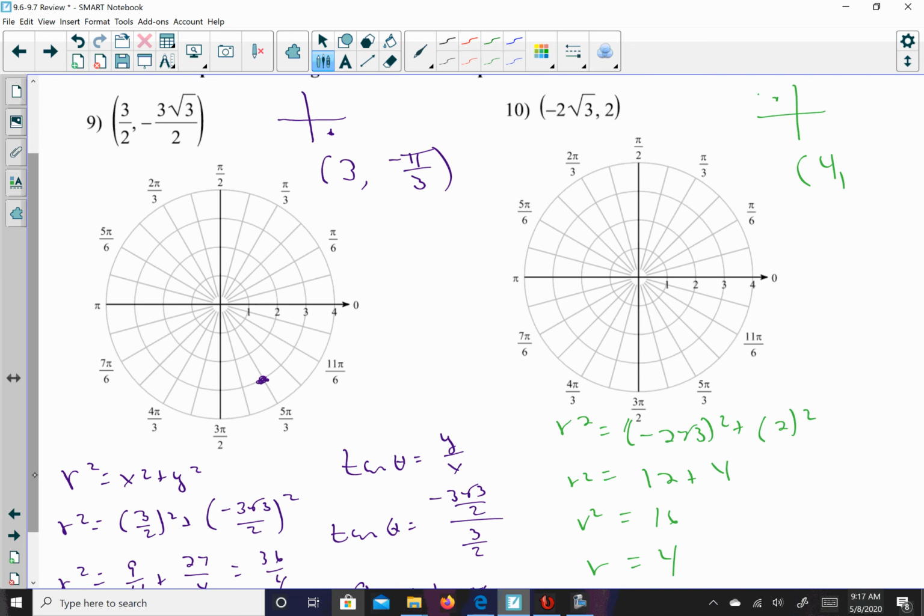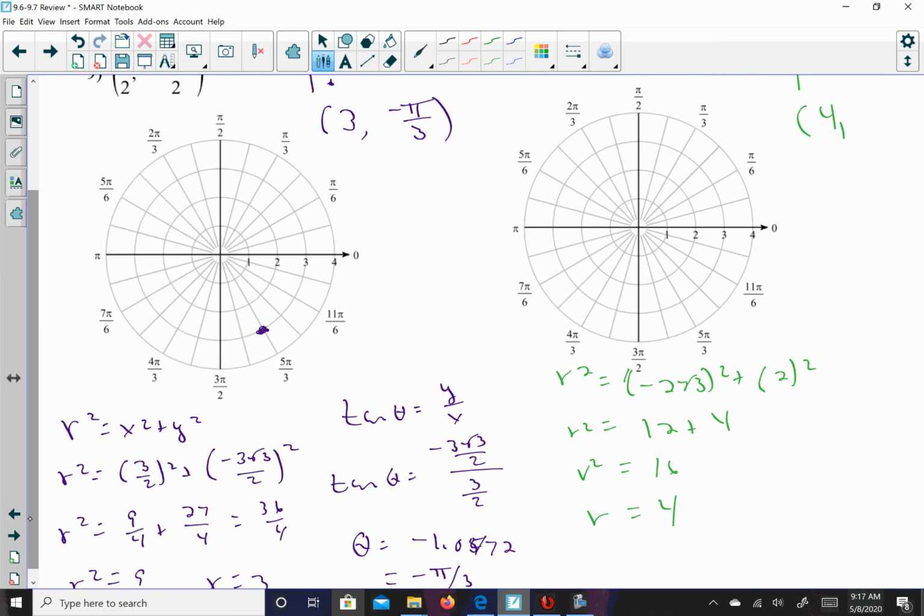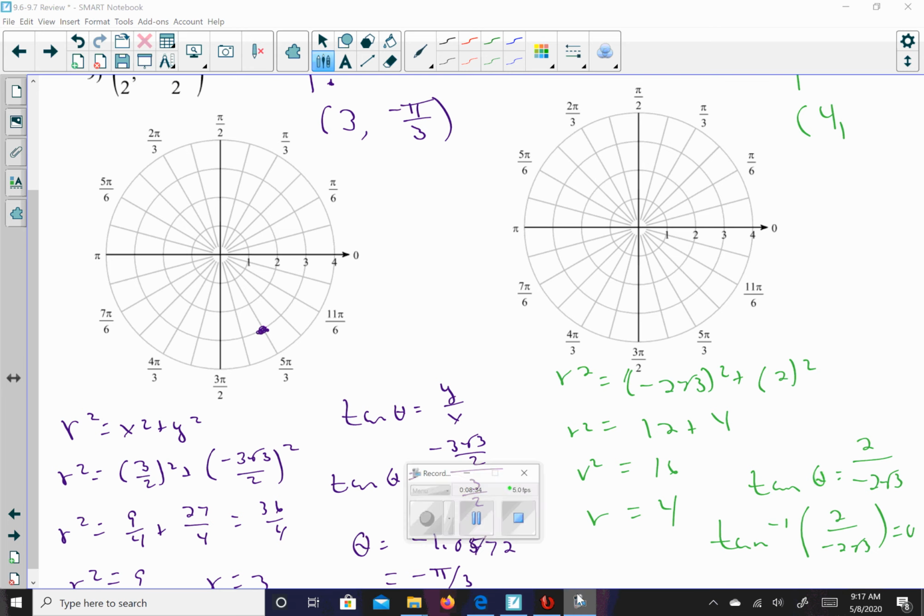Now when I go to do the angle, I'm going to say the tangent of theta is equal to my y, which is a positive 2, over my x, which is a negative 2 times the square root of 3. So in my calculator, I'm doing the inverse tangent of that whole thing to get my angle. So give me a second.